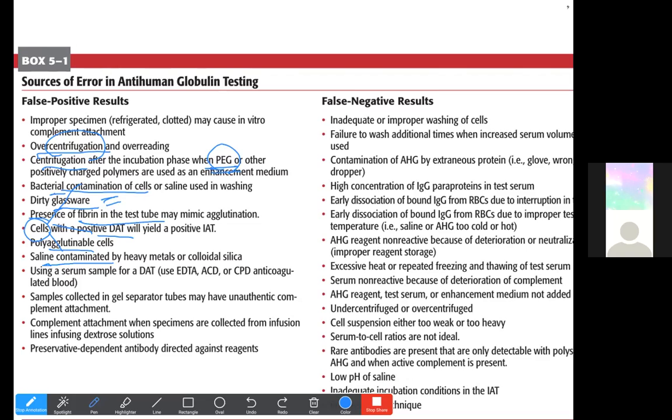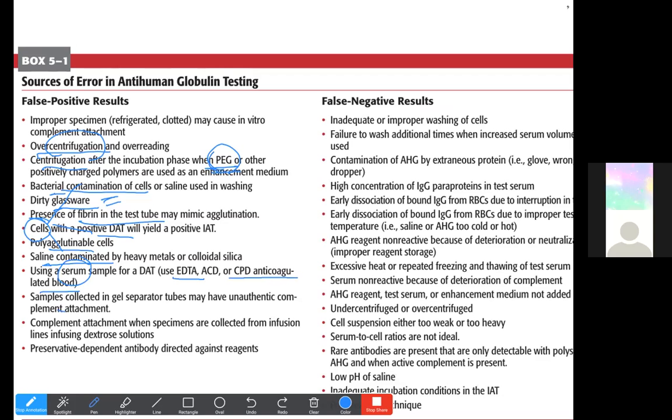And also, not only problems with the cells and the reaction media, but also with the centrifuge, and then also problems in the patient serum sample which is used. If we use a serum sample for a DAT which is collected in EDTA, or from a blood bag, that is a CPD or ACD anticoagulated bag, this may lead to false positive results due to inappropriate complement activation.